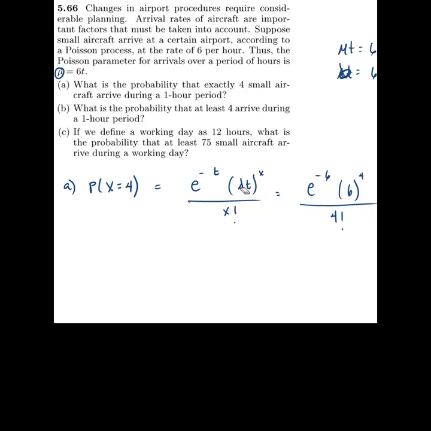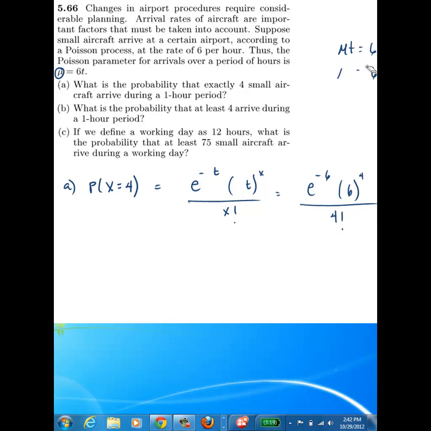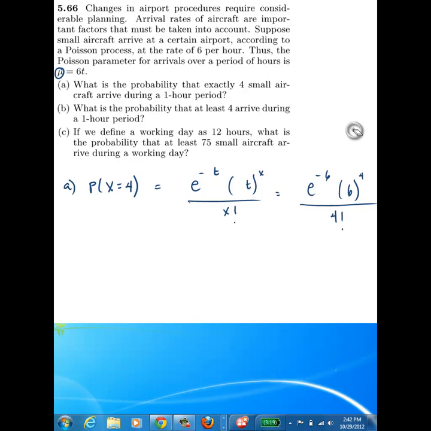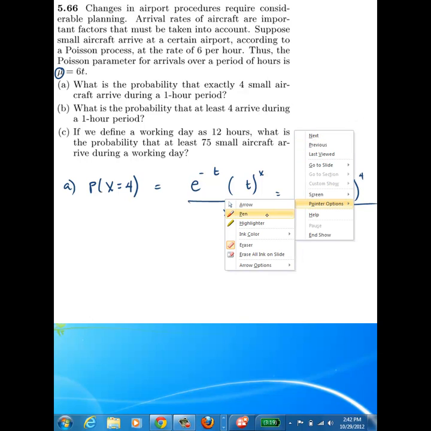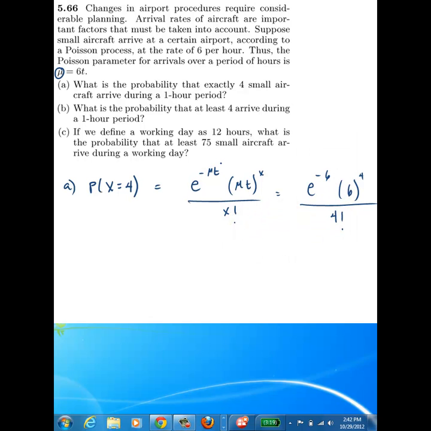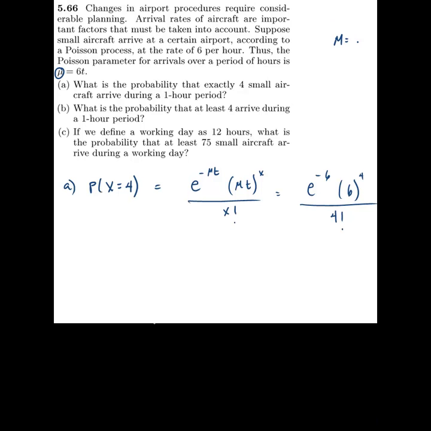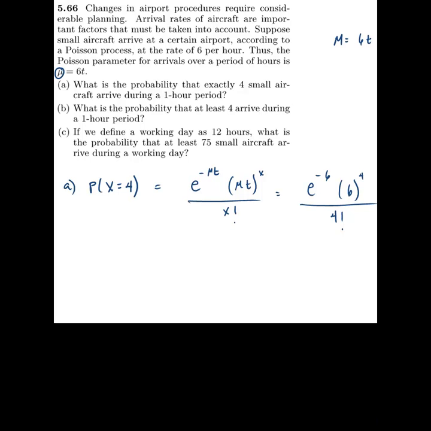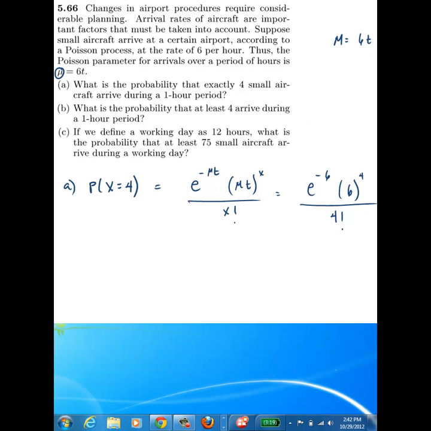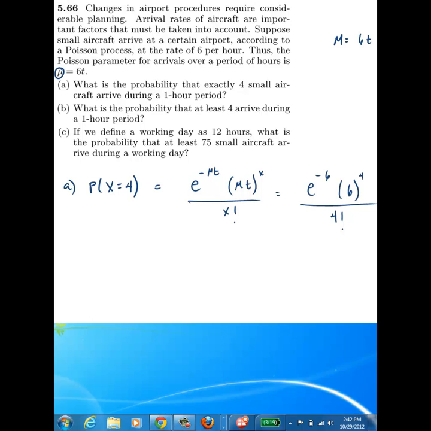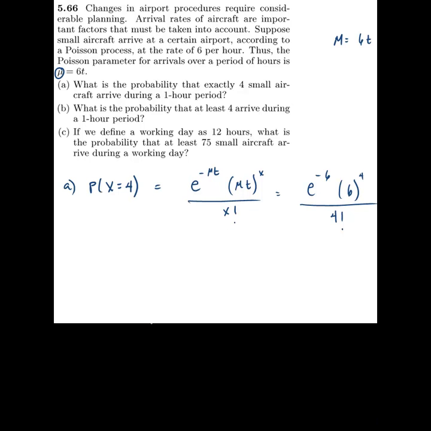So this is mu T. So in this case we have mu T, and mu equals 6 per hour, and the time period is in hours, so we don't have to modify it.